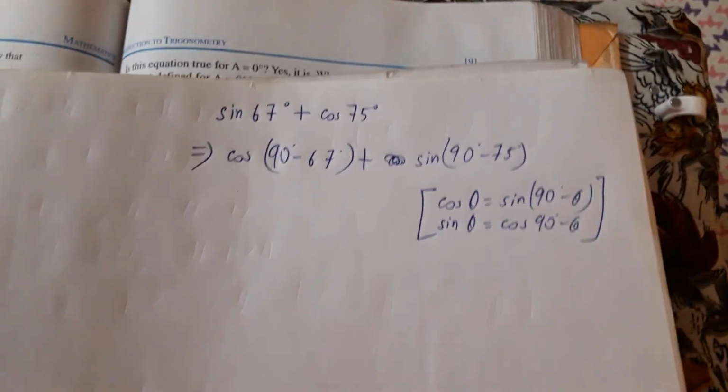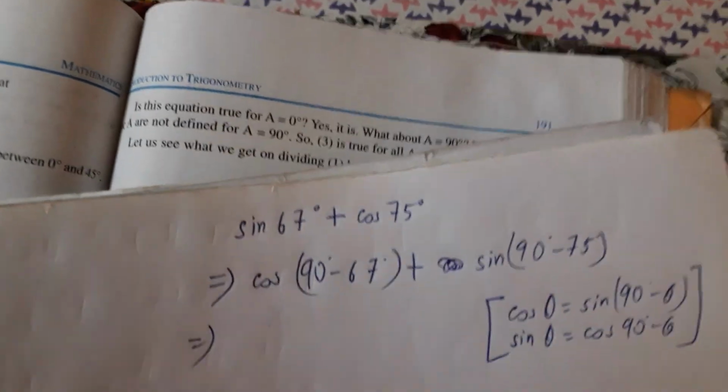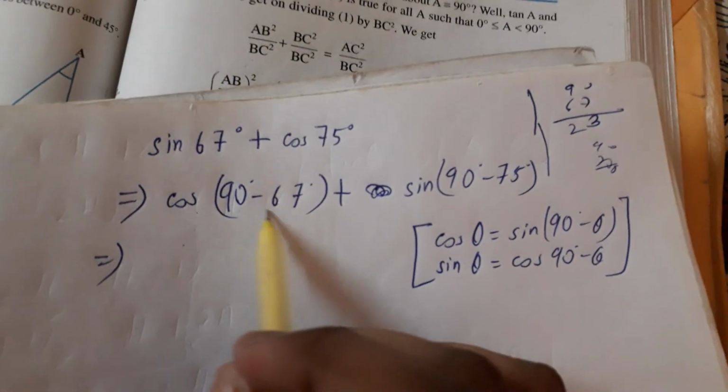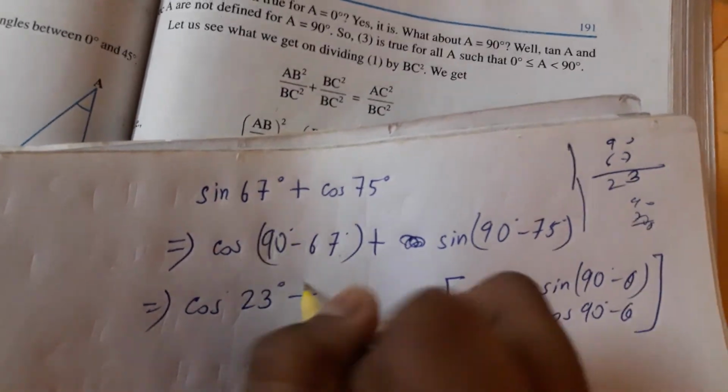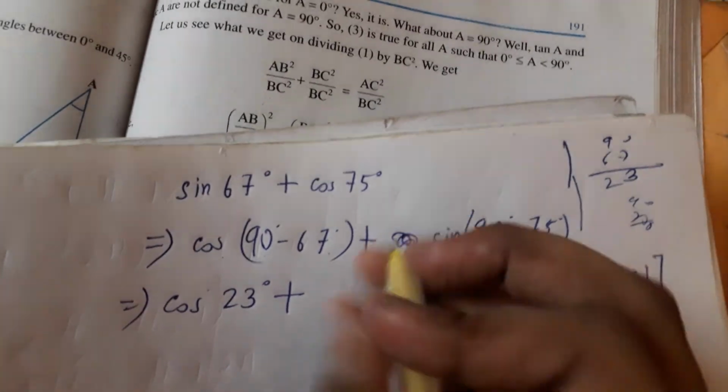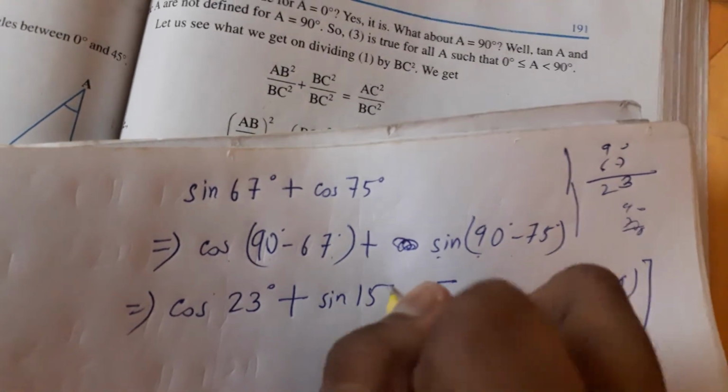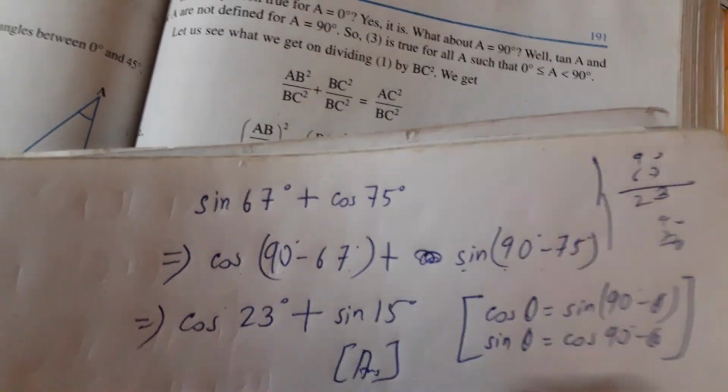You have to write the reason, otherwise you will not get marks. Now this will be cos (90 degrees minus 67), that is cos 23 degrees, plus sin (90 minus 75 degrees), that is sin 15 degrees. So this is your answer.